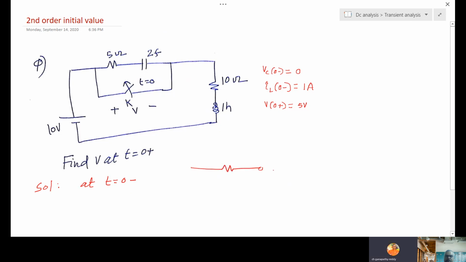In steady state, capacitor open, inductor short. So here VC 0 minus, here IL 0 minus.